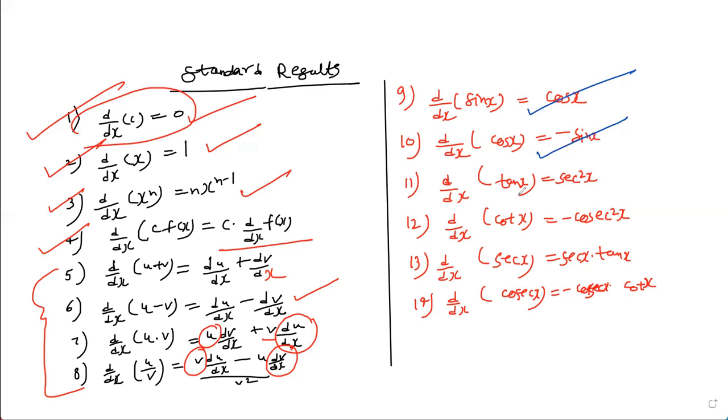If you differentiate tan x, it will be sec square x. If you differentiate cot x, it will be minus cosec square x. If you differentiate sec x, it will be sec x into tan x. And if you differentiate cosec x, that will be minus cosec x into cot x. Okay, so these are the 14 standard results that we can directly use in our sums.